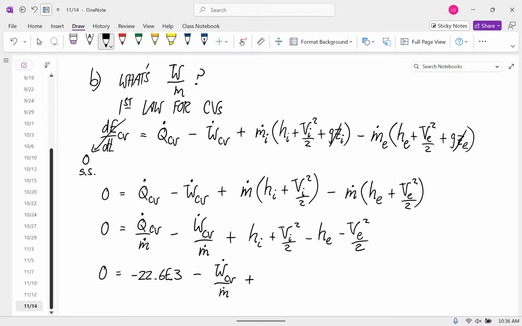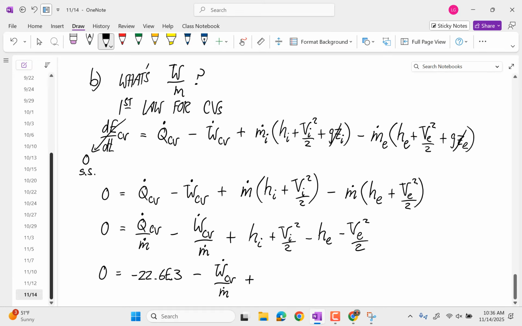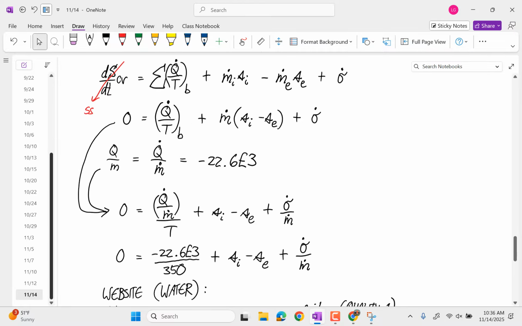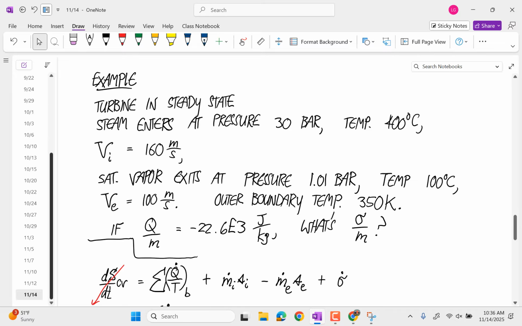And then we could look up these values. Let's see, what do we know at the inlet? At the inlet, we have 30 bar, 400 Celsius.